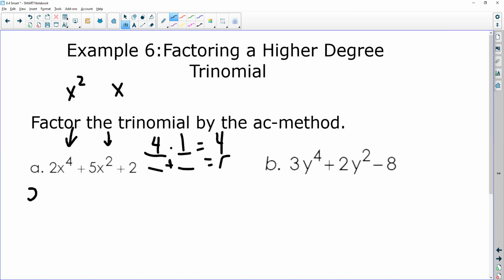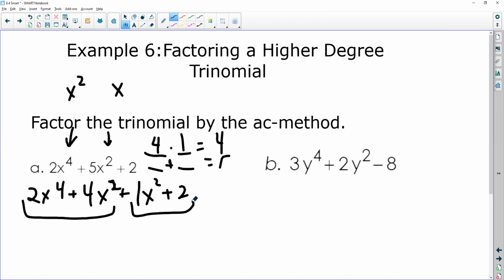So I'm going to rewrite it 2x to the 4th plus 4x squared plus 1x squared plus 2. Out of the first group, I'm going to pull out 2x squared. That's common. I'm going to get left with x squared plus 2.